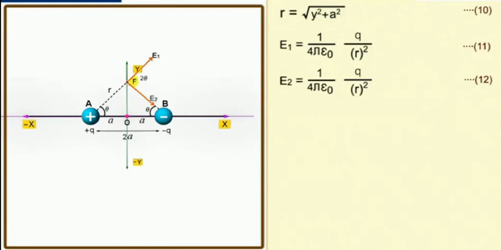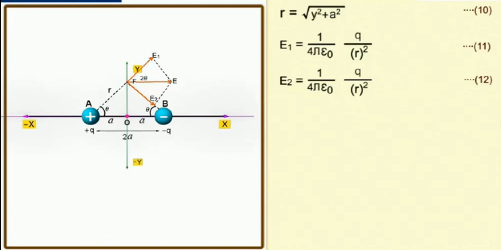The resultant of E1 and E2 is obtained by using the parallelogram rule for vector addition. According to the rule, the resultant of E1 and E2 is obtained by the diagonal of the parallelogram formed by the vectors E1 and E2 as the sides. Since the magnitudes of E1 and E2 are equal, the lengths of the vectors representing E1 and E2 are also equal.